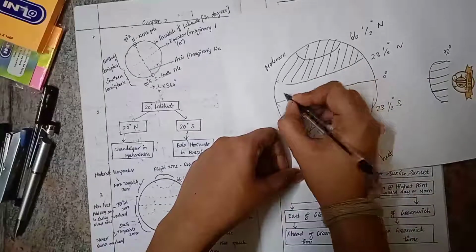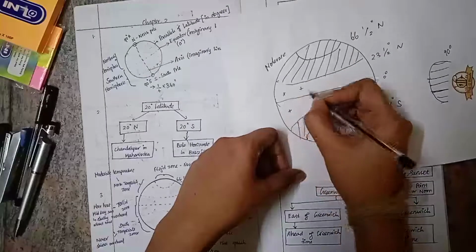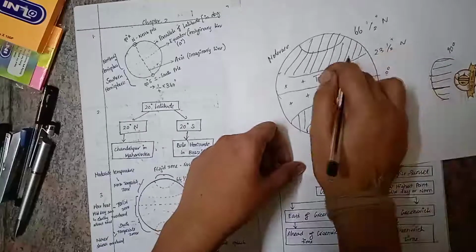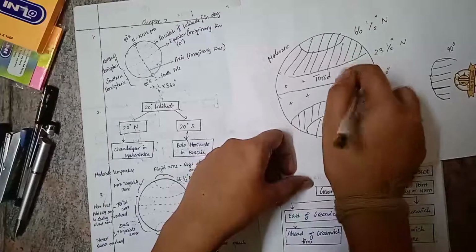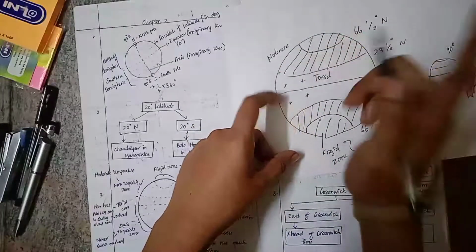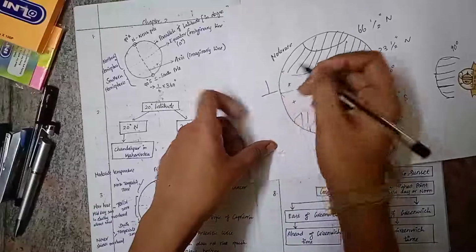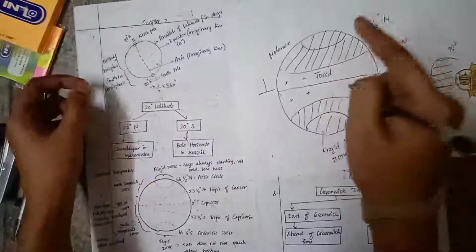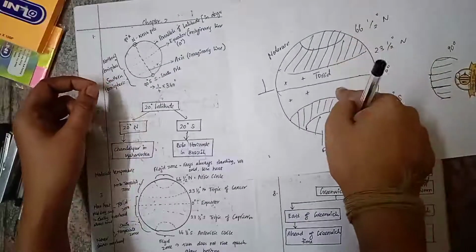The region between the two Tropics is called the torrid zone. The torrid zone receives maximum heat. At midday, the sun lies exactly overhead at least once in the torrid zone. It receives maximum heat, and the precipitation is also higher in this region.